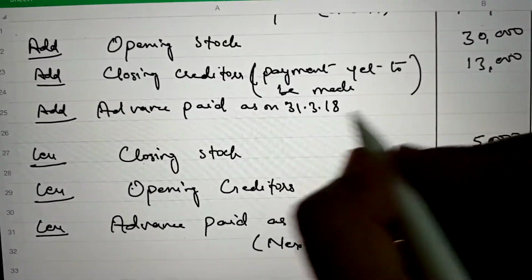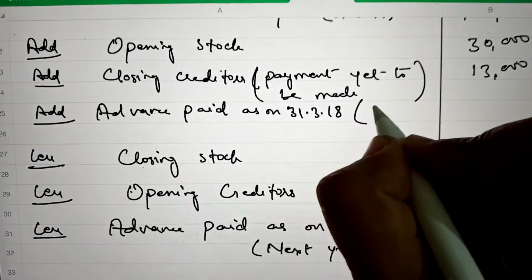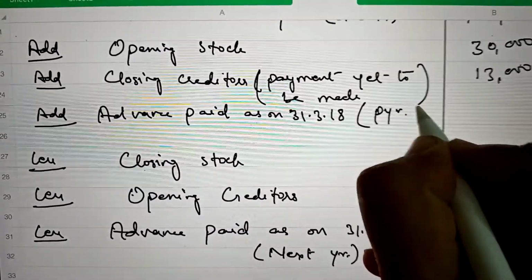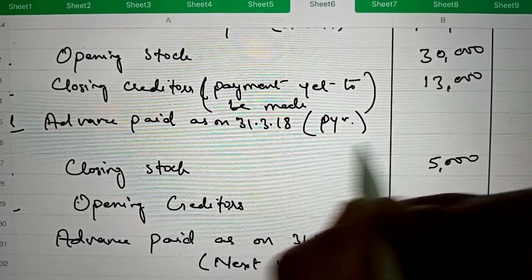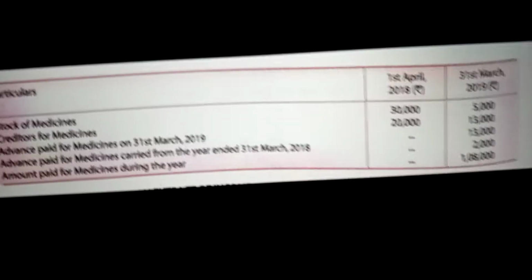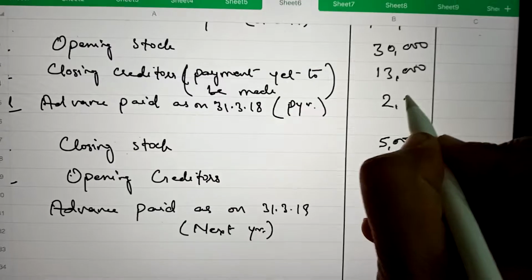It is paid during the previous year but for the current year, so this amount is 2,000, and we will add it.